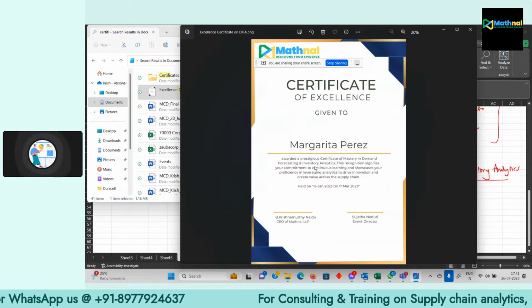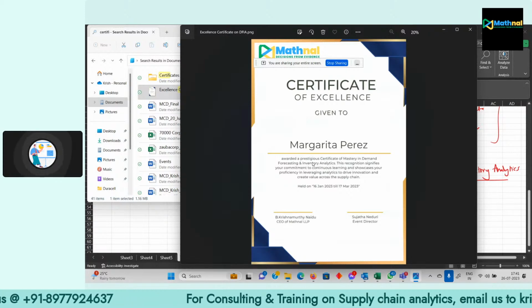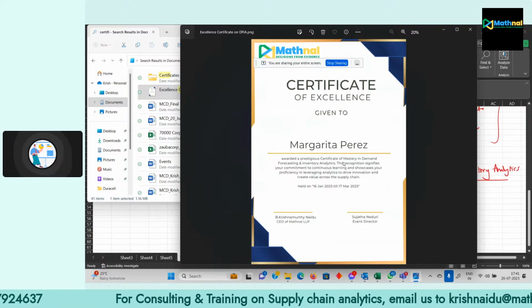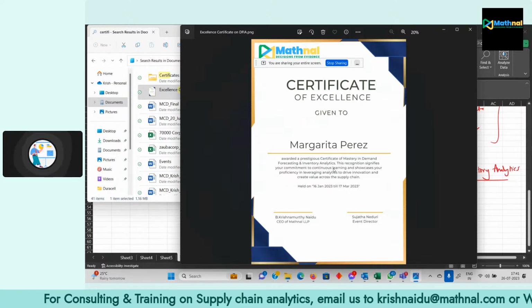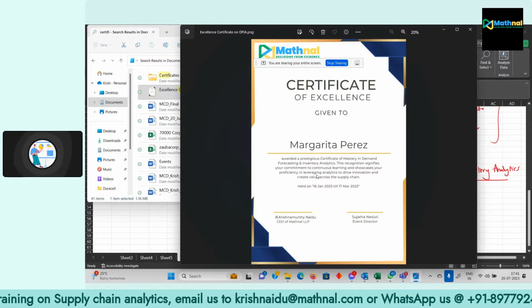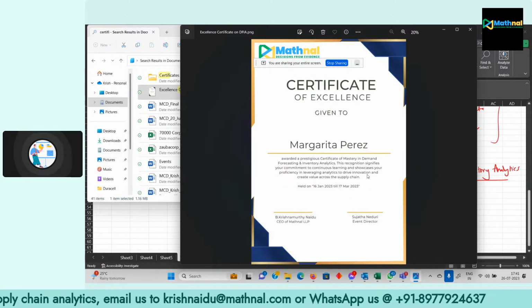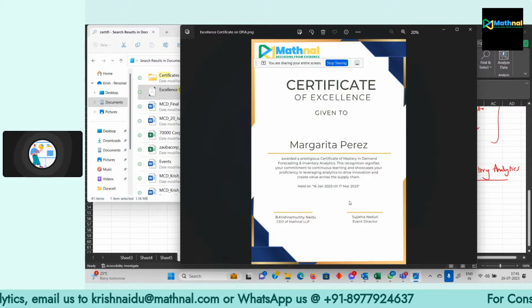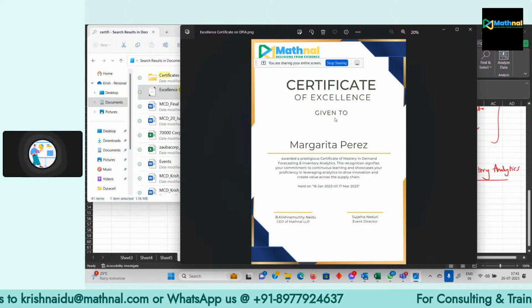Certificate of Mastery in Demand Forecasting and Inventory. They are awarded a prestigious certificate of mastery in demand forecasting. The recognition signifies a commitment to continuous learning and showcases your proficiency in leveraging analytics to drive innovation and create value across the supply chain. So this is how the certificate will be.